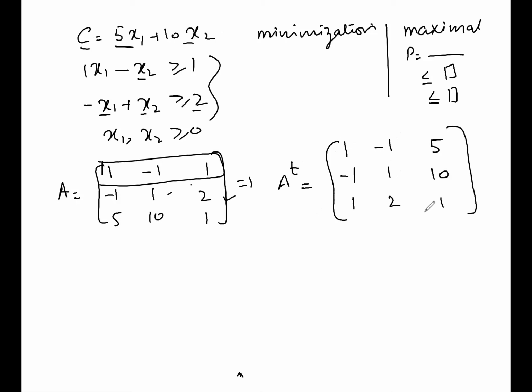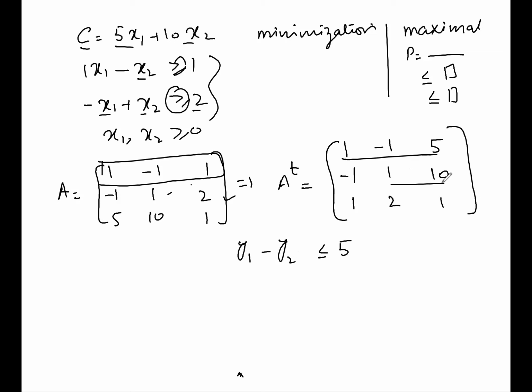Okay, now we write it back into the equation form, and we will see that the first equation will be y1 minus y2 less than or equal to 5, because we took its transpose. So these greater than signs will be converted into less than signs.